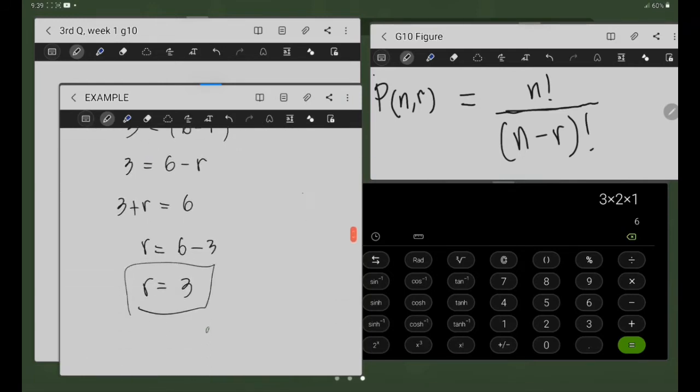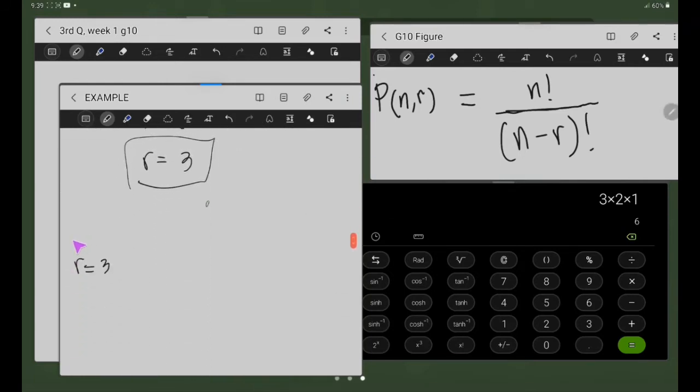Gamitin natin ito: n na 6 factorial over 6 minus 3 factorial. So, this is equal to 6 factorial over 6 minus 3, which is 3 factorial.